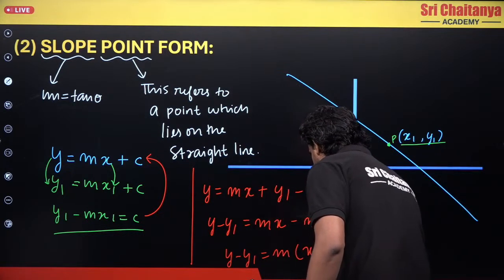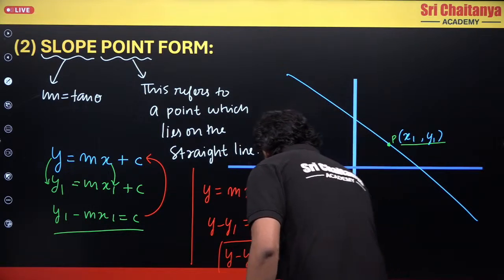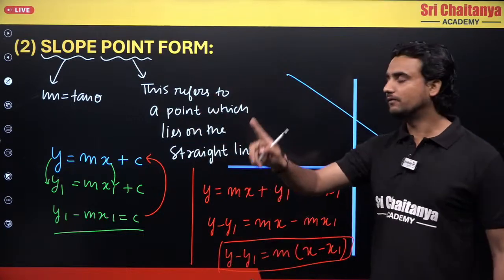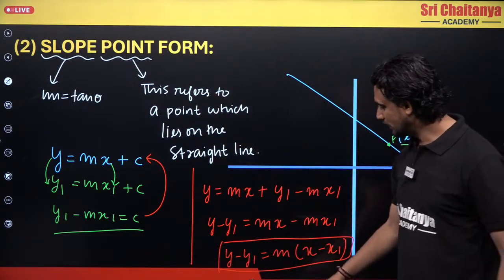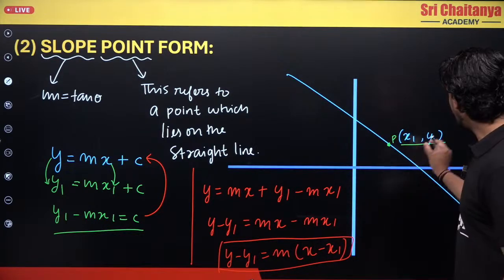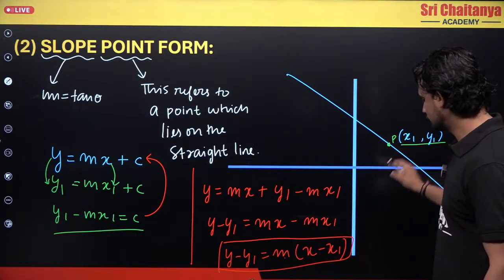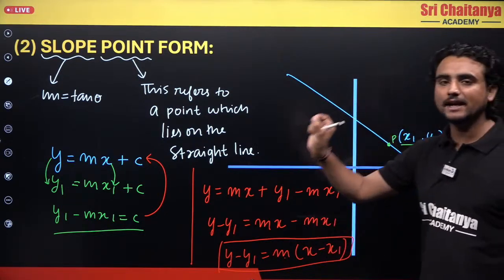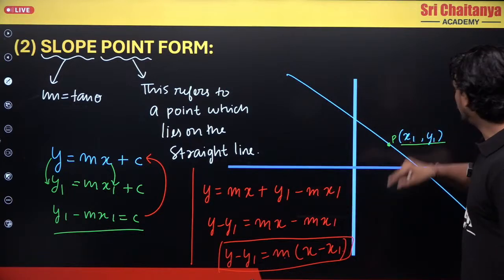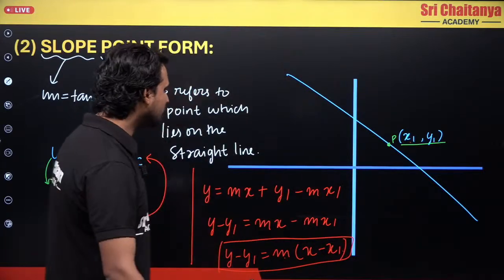So if you look at this equation, what is y? y is any general point which lies on this straight line. What is y1? y1 is the y coordinate of this particular point P. What is m? m is slope. What is x? x is any random point which lies on this straight line. And what is x1? The x coordinate of the point P. So basically what do you need?